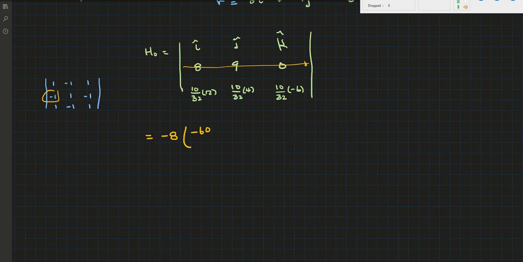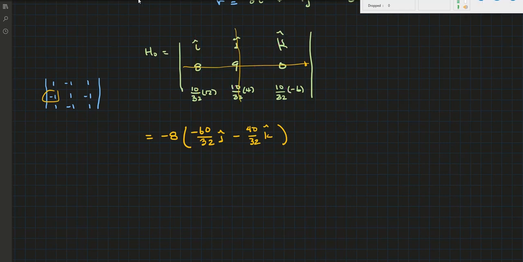Then we look at the minor matrix associated with that. So our minor matrix is this times that minus this times that. So that's 60 minus 60 over 32. This is a negative, subtracted by 40 over 32, multiplied by unit vector k.